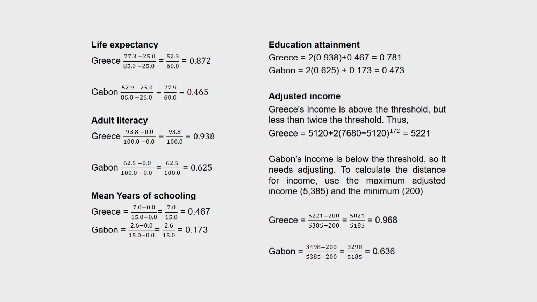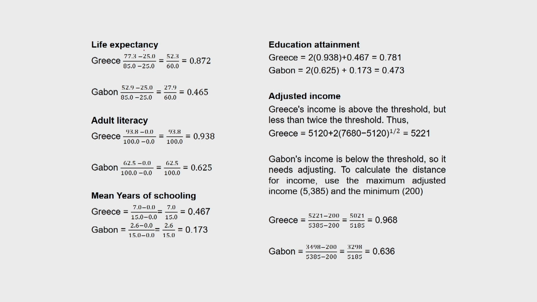Now let us look at the calculation of the individual indices first. For life expectancy, the actual estimate for Greece was 77.3. So that is actual minus the minimum divided by maximum minus minimum. Note this difference in formula used in 1994 compared to that which was used in 1990, where the formula was maximum minus the actual divided by maximum minus minimum.